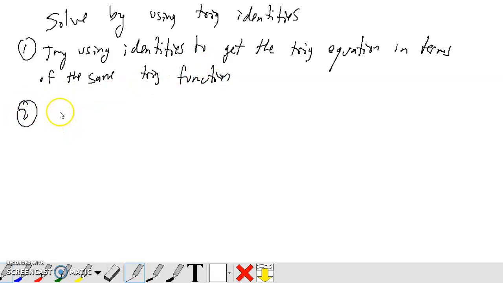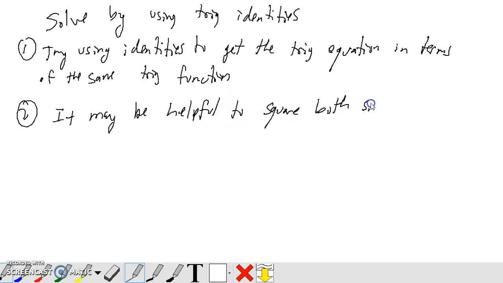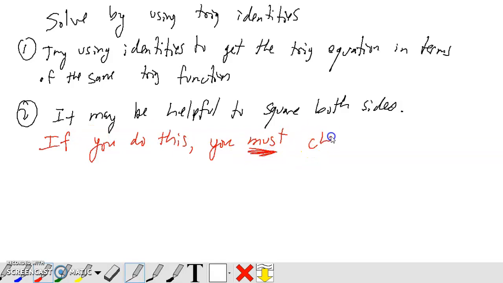Or sometimes it's helpful to do this. It may be helpful to square both sides. Write this in red. If you do this, you must check for extraneous solutions.